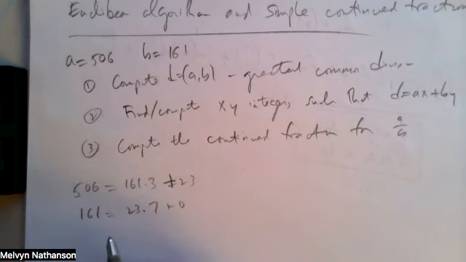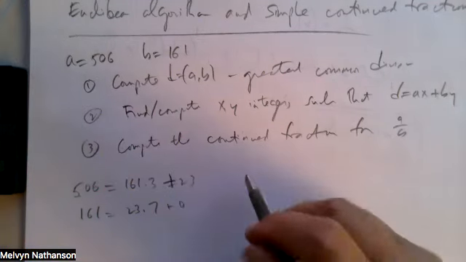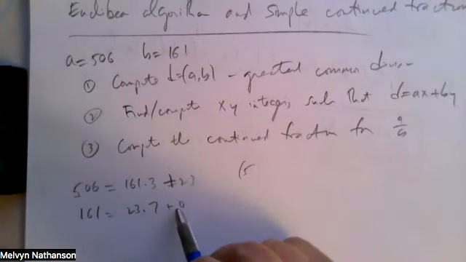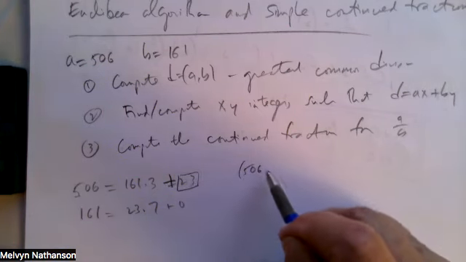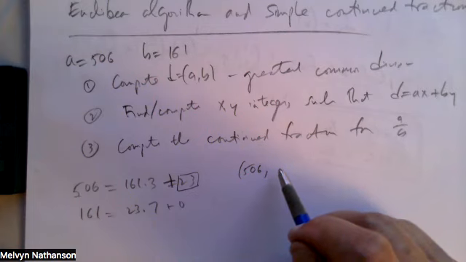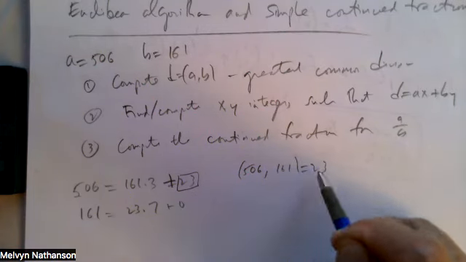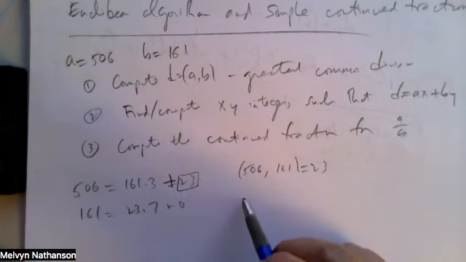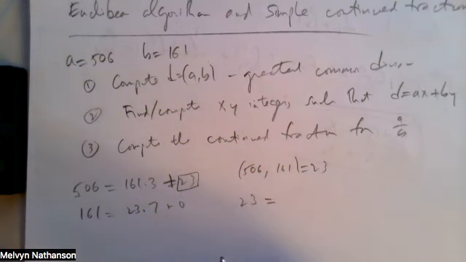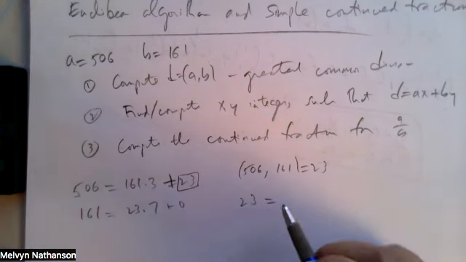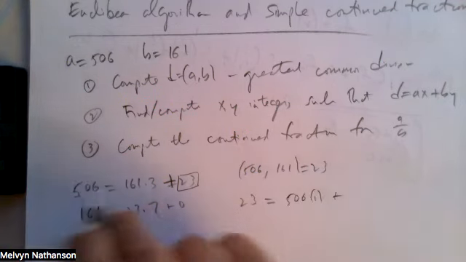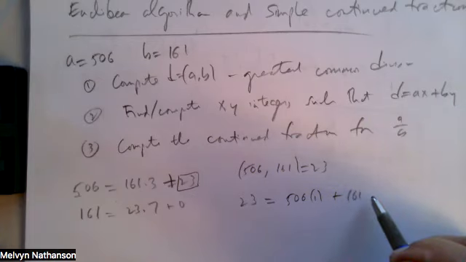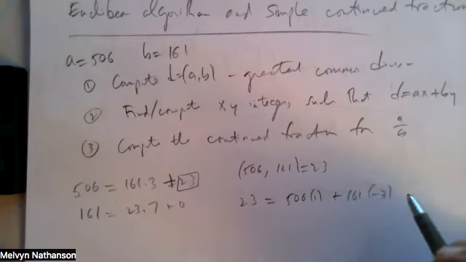Wow. So this wasn't a very hard problem. The last positive remainder is 23, so the greatest common divisor of 506 and 161 is 23. And in fact, this tells us that 23 is equal to 506 times 1, bring this over to the other side, 161 times minus 3.